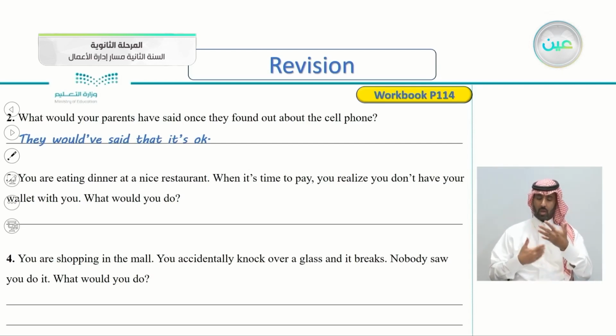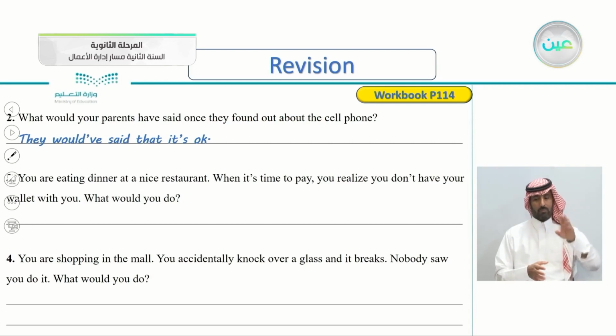Maybe they'll buy you another one as long as you are safe. And also the if clause here is implied. But if you want to write it, you would say, if my parents found out about the cell phone, they would have said that it's okay.